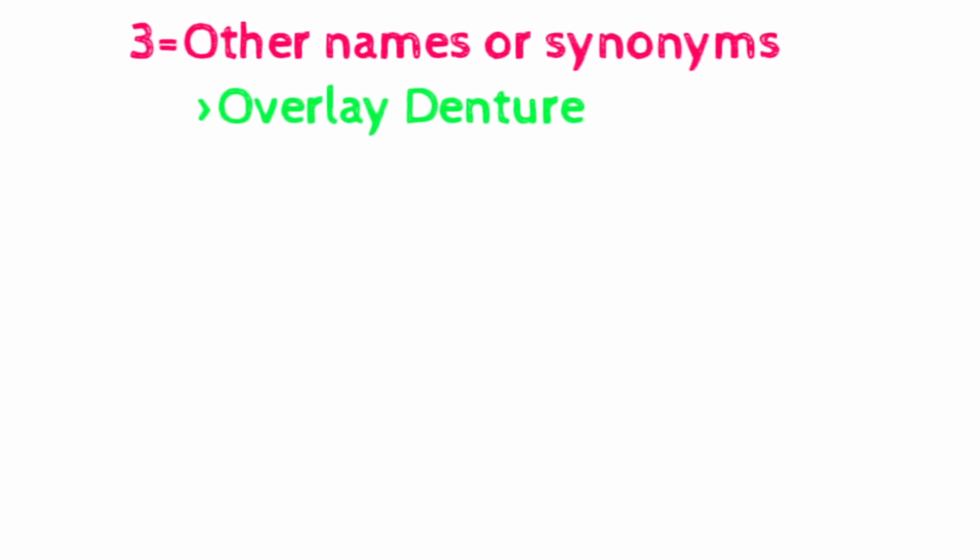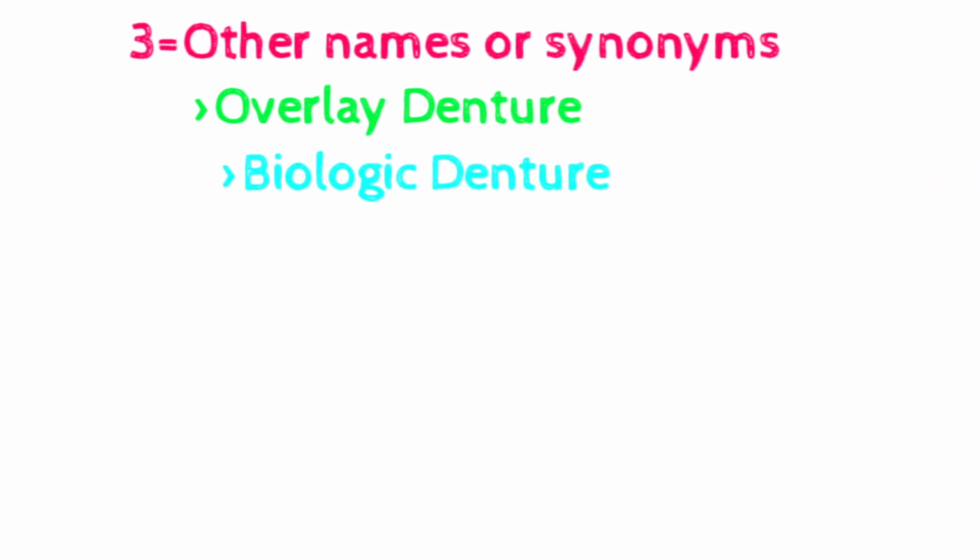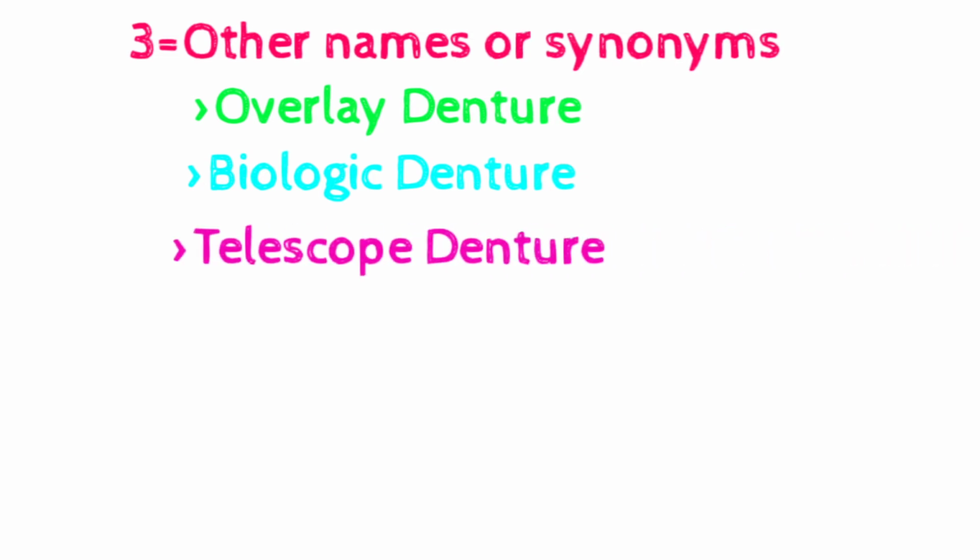For overdenture, another name used is overlay denture. It is also called biologic denture because it preserves the residual ridge and PDL.